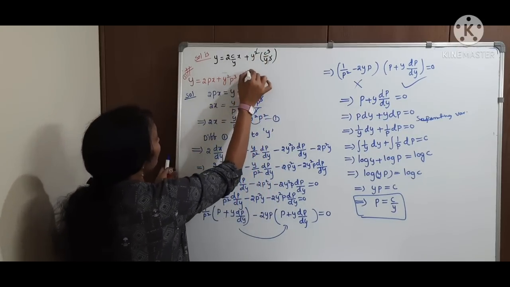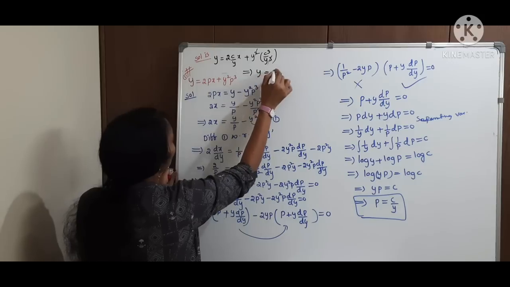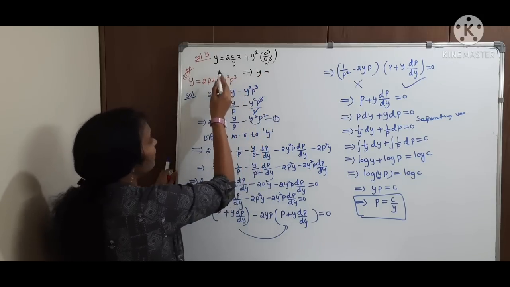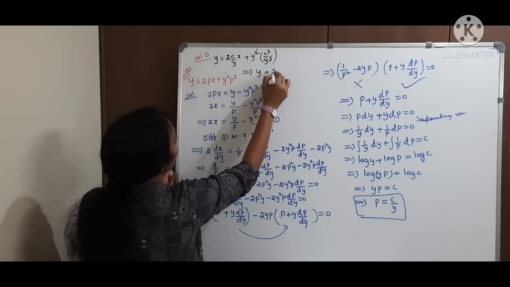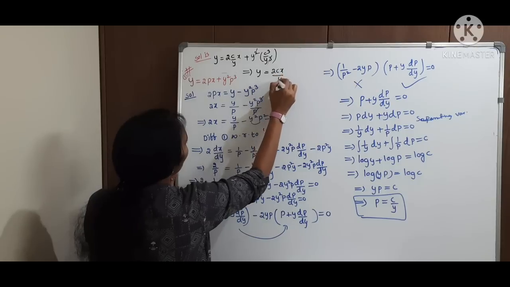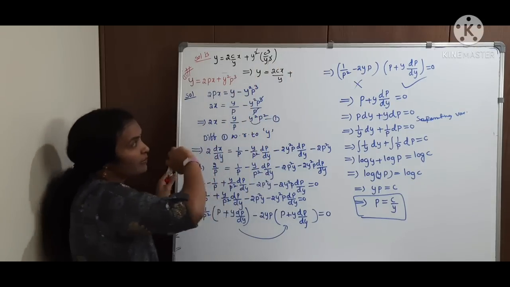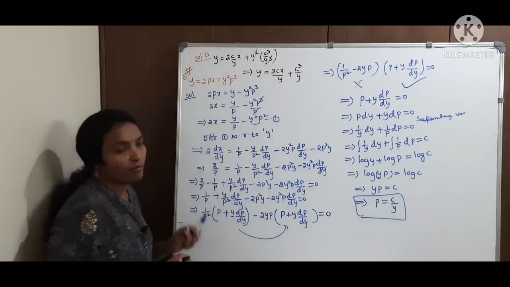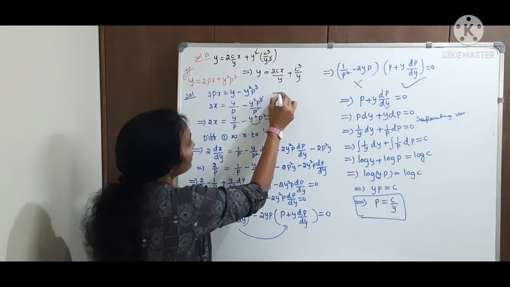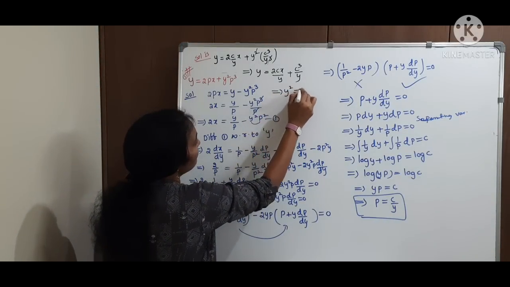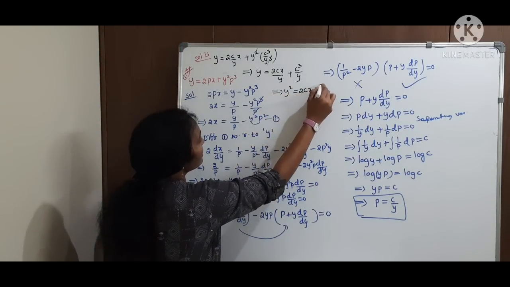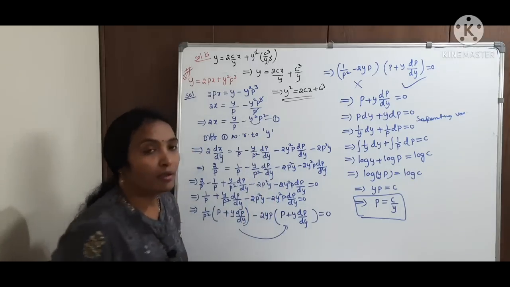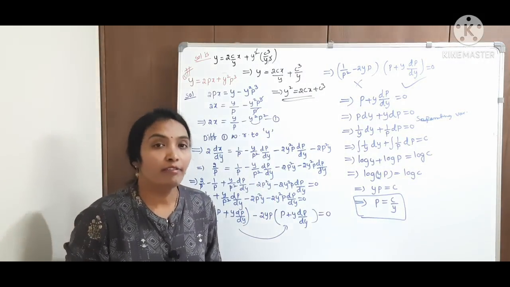What is the remaining from here? y is equal to, or y is equal to 2cx upon y. What is the remaining? c cube by y. Now take LCM y and do the cross multiplication. This is y square equal to 2cx plus c cube. This is the required solution of the given equation.